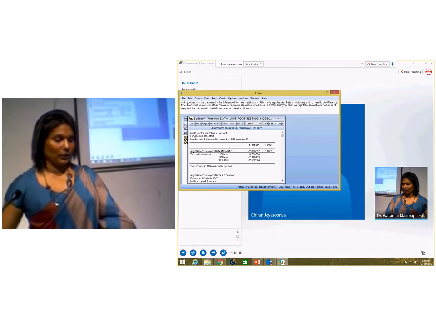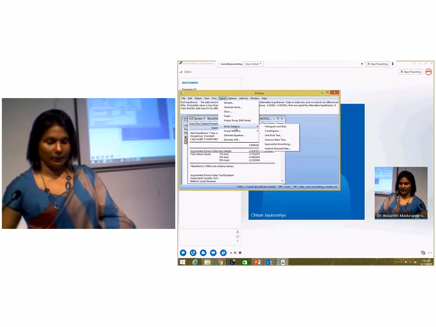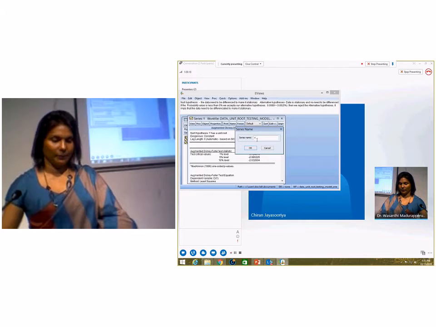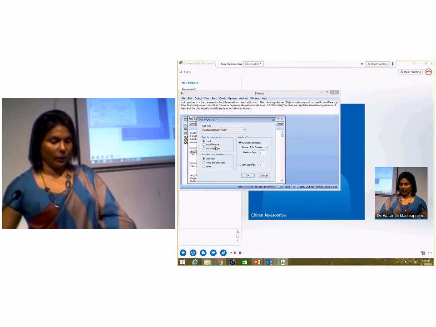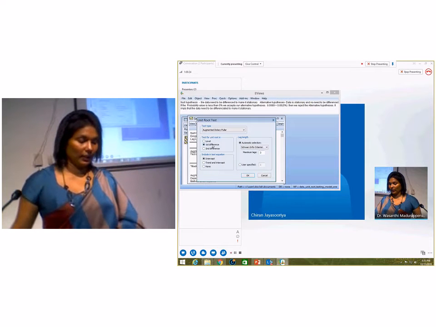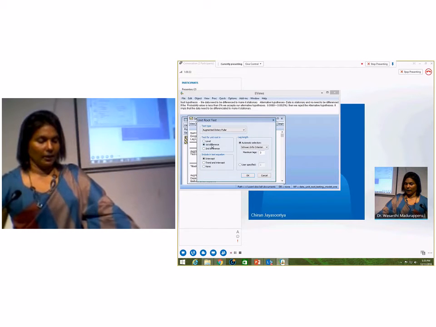Right. Then what you need to do is go again to Quick, Series Statistics, Unit Root Test, and the variable is Y, and then go to the first difference. Go to the first difference, and then it is intercept.